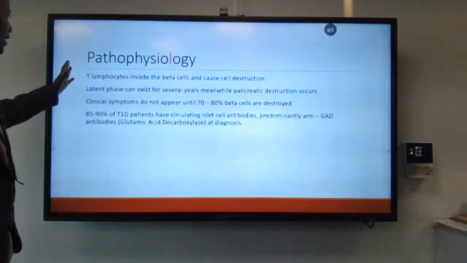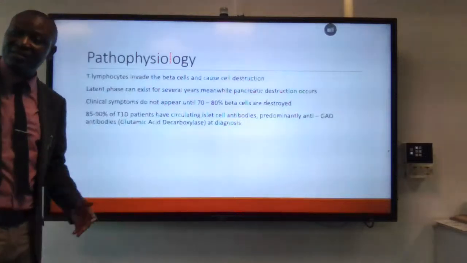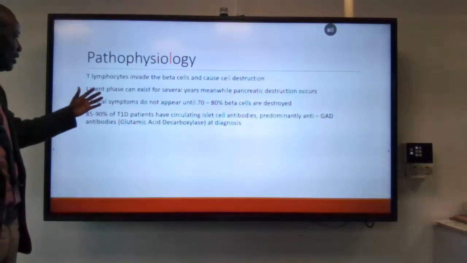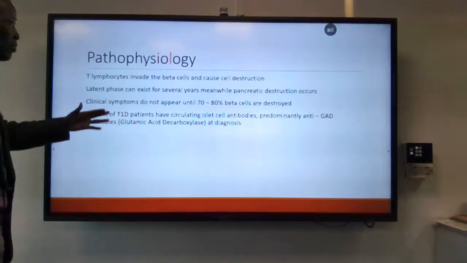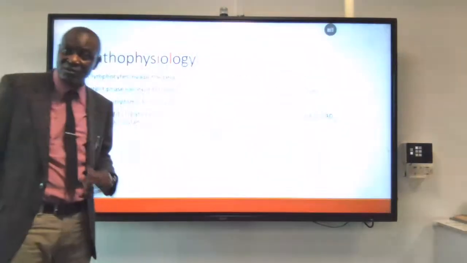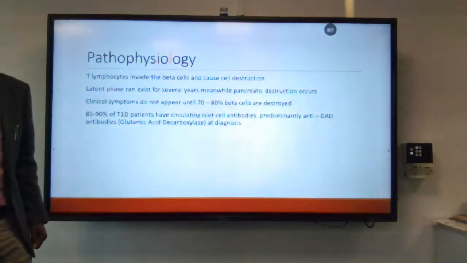So as I've said, the T lymphocytes attack the beta cells and cause cell destruction because it sees them as an antigen that it needs to produce an antibody to fight. A latent phase exists, and this destruction can go on for quite a while. But by the time about 70 to 80% of the beta cells are destroyed, there will be a problem because you have only about 30% function.